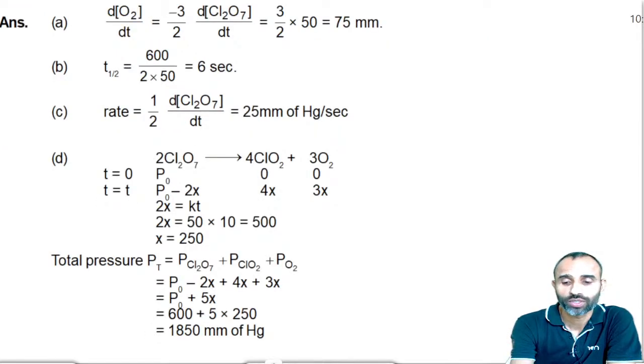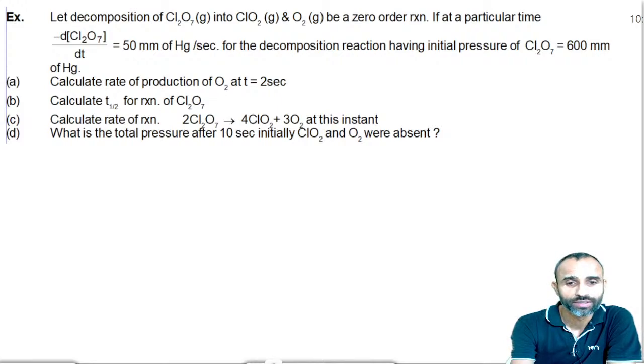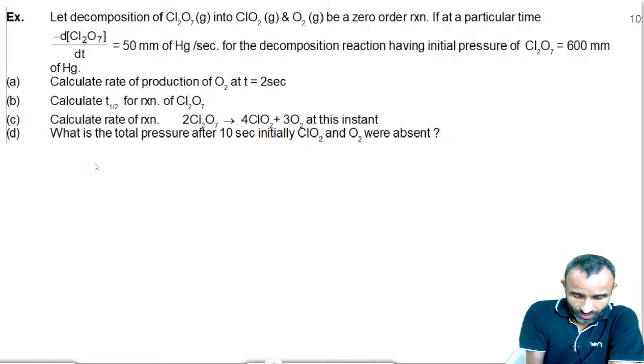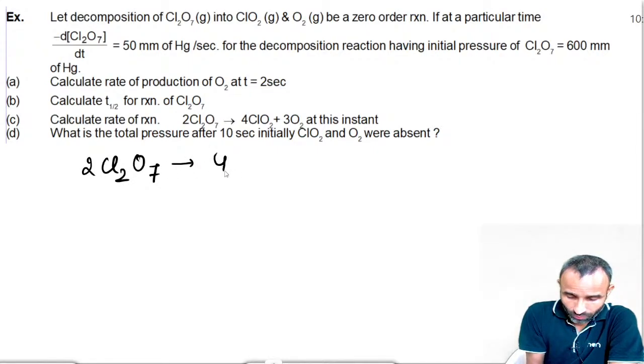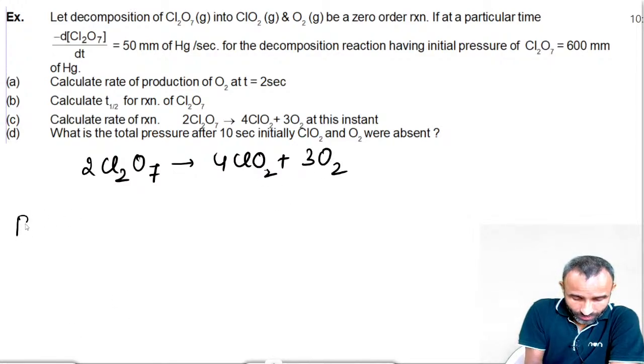First of all, the rate d[O2]/dt. Take this reaction, 2Cl2O7 to give 4ClO2 plus 3O2. So here, what is the rate?